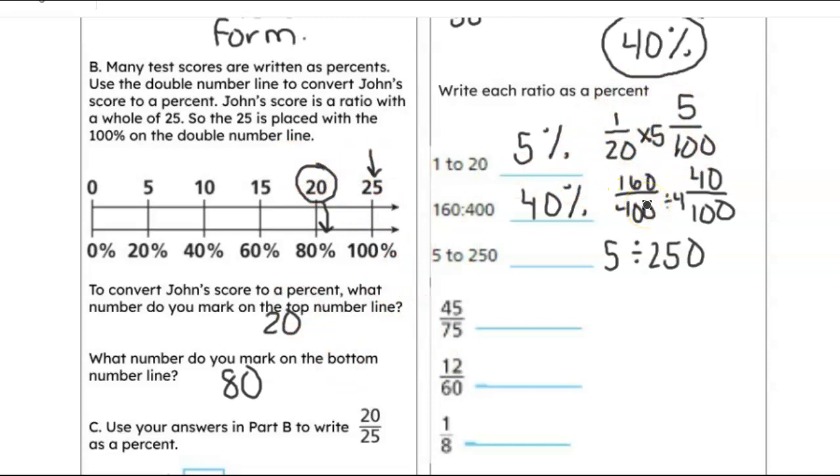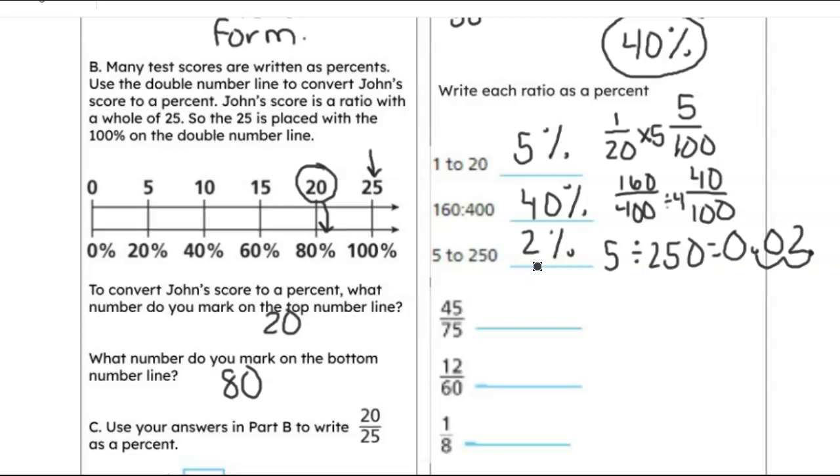I want to go both ways so that you can see the different ways that you can do this. So on our calculator, we're going to take the top number, which is 5, and we're going to say 5 divided by 250. When we do that, we get a decimal of 0.02. To change a decimal into a percent, we just move the decimal 2 times to the right, which is 2%.